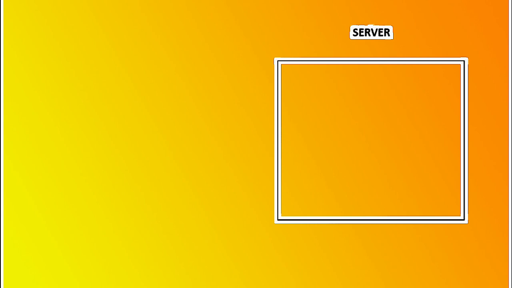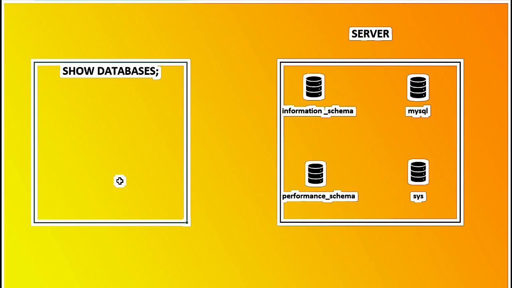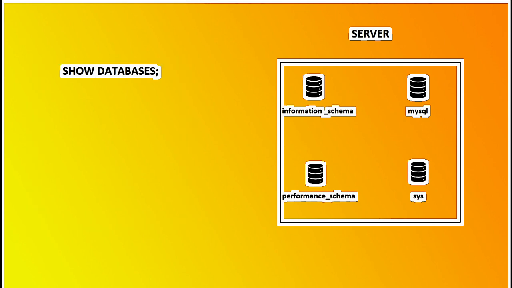Let's start with our first command, show databases. Type show databases with a semicolon at the end. When we execute this piece of code, all the existing databases on our server will show up. Here in my demo, you can see that on the right side, I have 4 databases on my server.